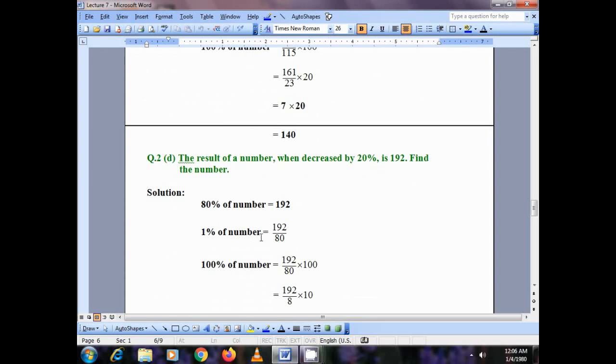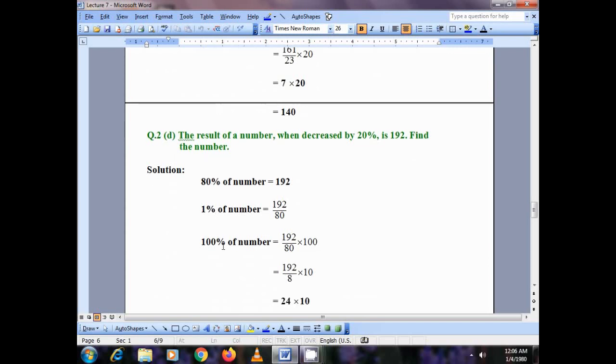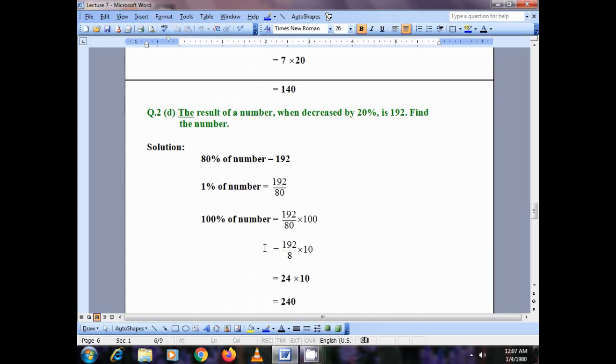Now let's find 1% of the number, that is 192 divided by 80. Next step, let's find the 100% of the required number, which will be 192 divided by 80 multiplied by 100. Now, you can cancel the zeros from numerator and denominator. Let's cancel this 0 of 80 with the 0 of 100.